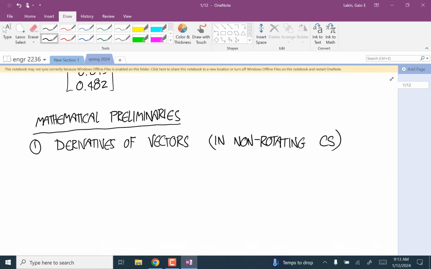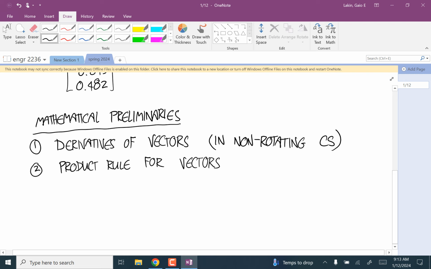Okay, the second thing we're going to talk about is the product rule for vectors. The third thing we're going to talk about is the chain rule for vectors.